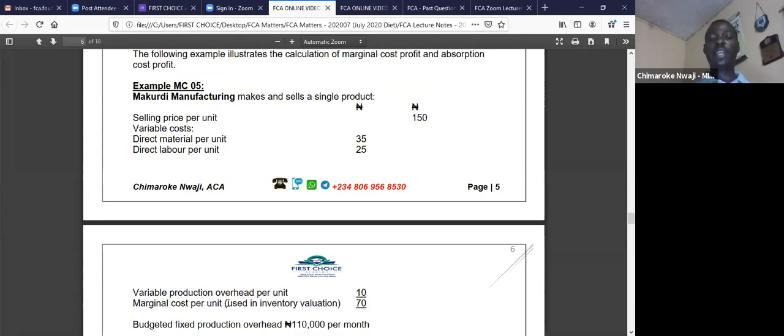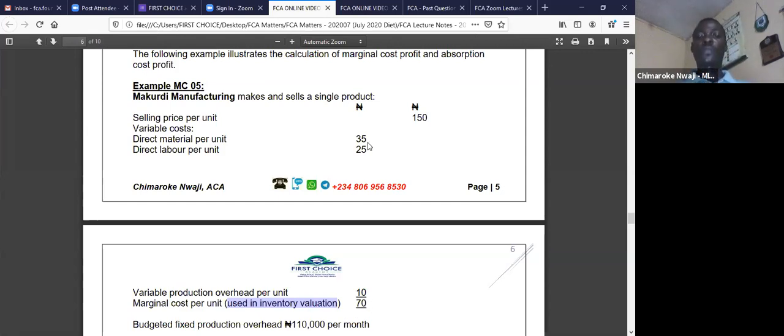Can you see here that this is used in inventory valuation? What we mean is that it is this 70 naira that will be used to value our opening stock and closing stock, based on marginal costing. So we're going to be using 70 naira each time. How did we get this 70 naira?